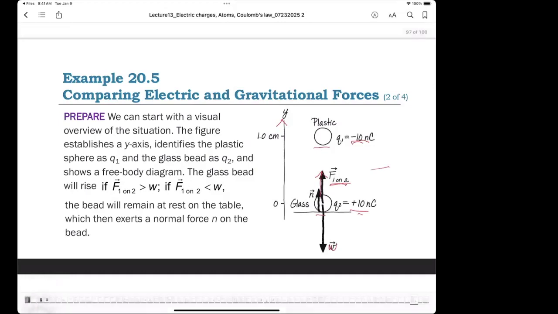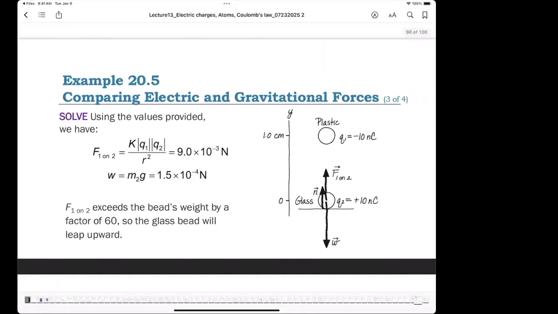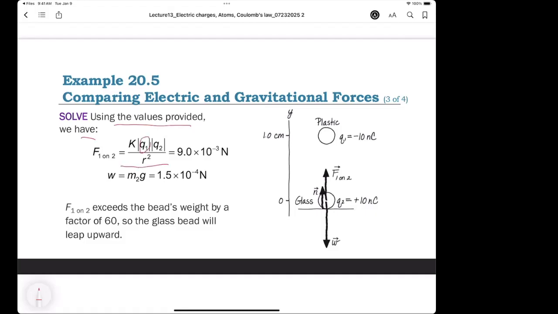Okay, let's continue. Let's use Coulomb's law to resolve the net force, using the electric force. Here we know Q1 is 10 nC, Q2 is also 10 nC, and the distance is 1 centimeter.